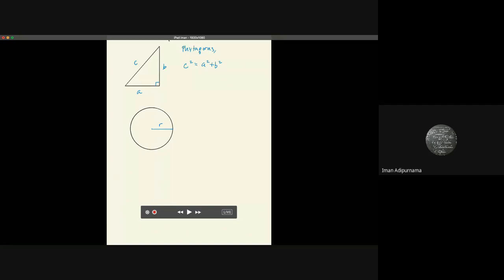Based on the triangle, can you approach the area of the circle without knowing at the beginning that the area of a circle is pi r squared? So you know that the area is pi r squared, right? But pretend you don't really know this area.